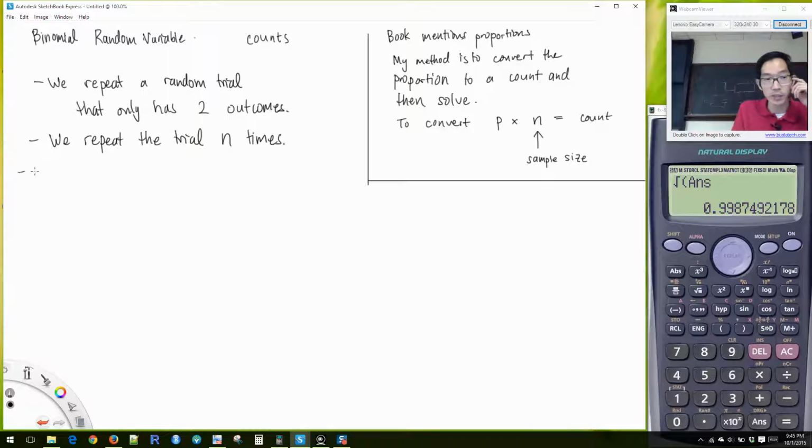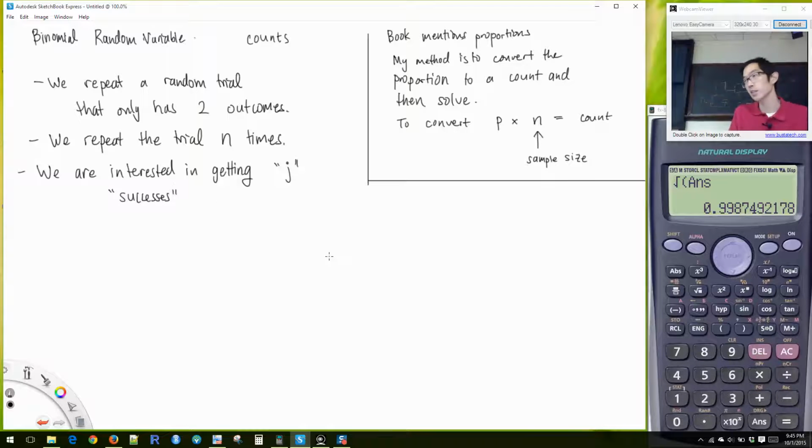and we are interested in getting, and this is where different textbooks differ, the letter that our textbook uses is j, okay? We're interested in getting j, quote-unquote, successes, all right? Success is an arbitrary label that we apply to basically a yes or no variable.